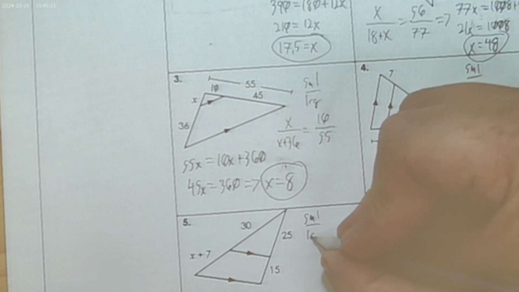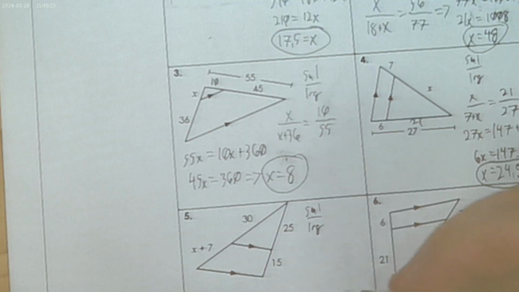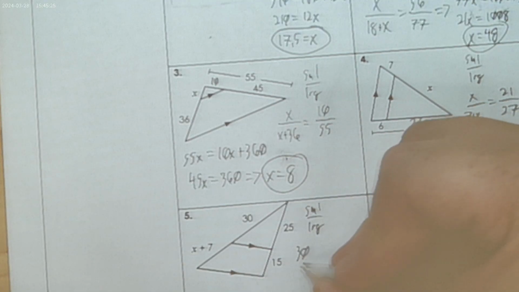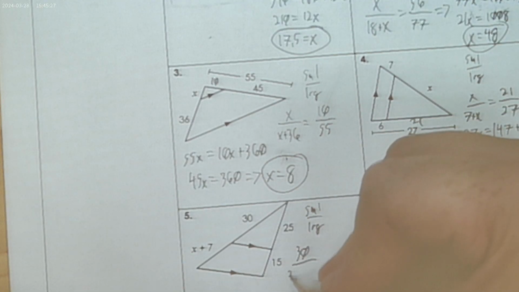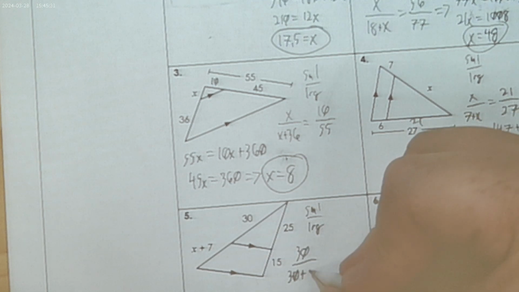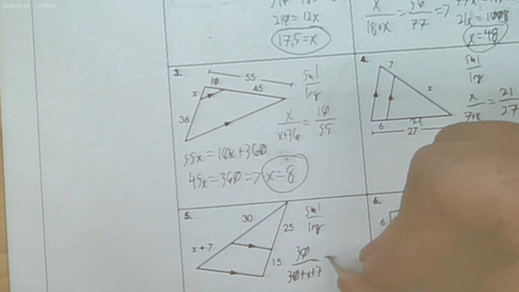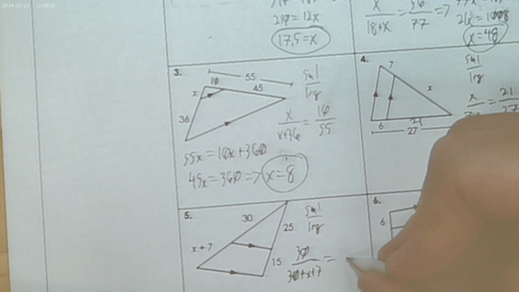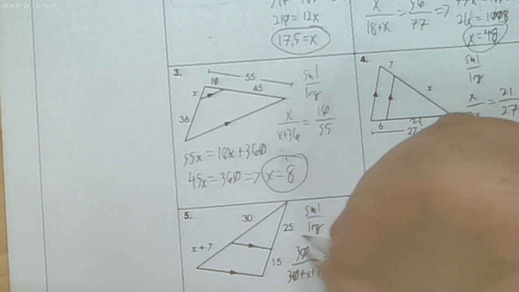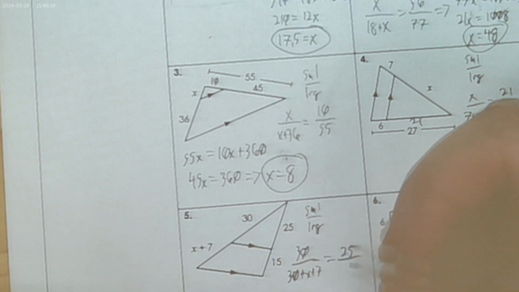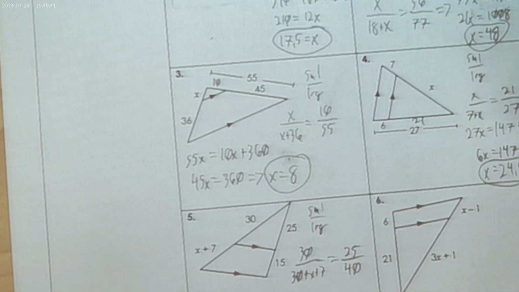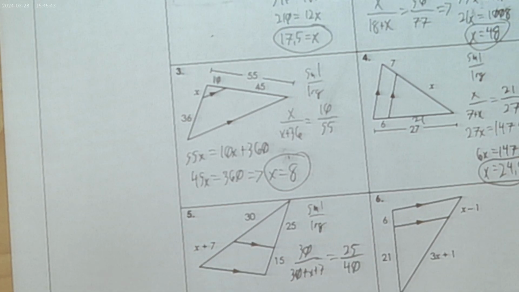So small to large. So that's going to give me 30 is to 30 plus x plus 7 is the same as 25 is to 25 plus 15 is 40. Okay. Now notice what I did here.